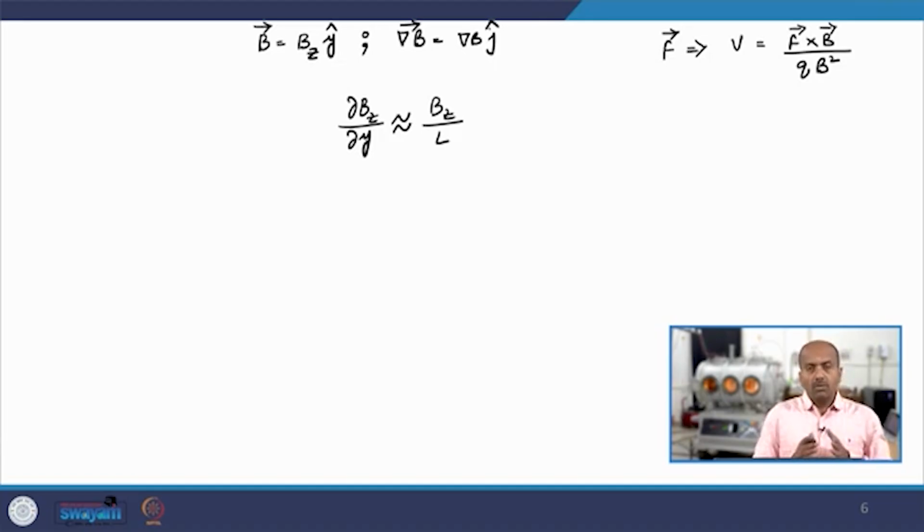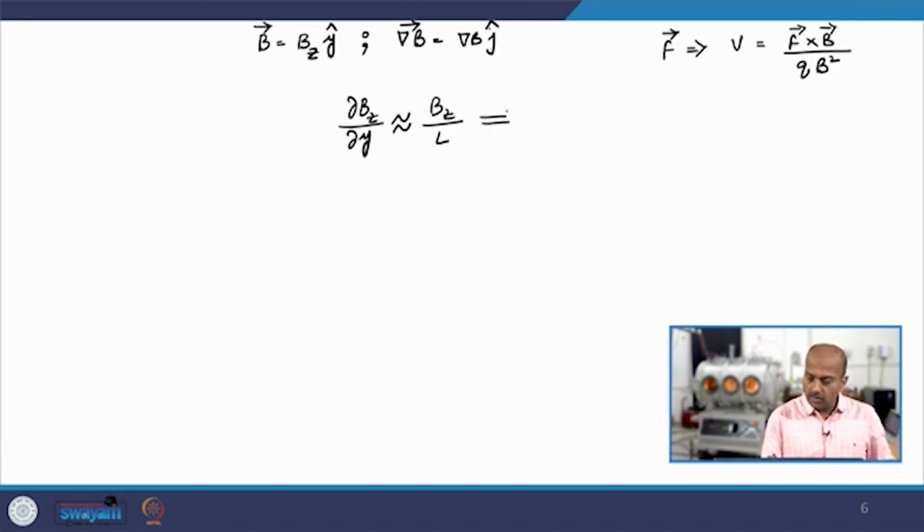The length scale of inhomogeneity precisely defines the distance parameter over which the magnetic field changes. So, you can reasonably consider that for any distance shorter than L, the magnetic field can be assumed to be a constant. So, we are working at that approximation limit where we say that the magnetic field is of course changing, yes, but it is not changing over this very small distance which we call L, right.